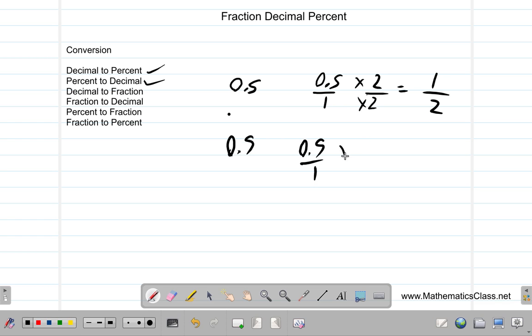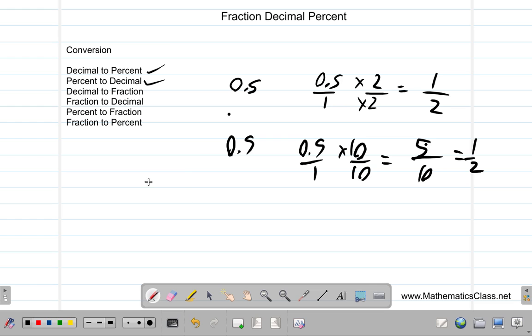If you multiply this by 10, you're going to get a whole number, 5. You must multiply the bottom by 10 too. So you have 0.5 by 10 up top, a 5 over 1 by 10, 10. 5 out of 10. When you cancel it down, you get the half. You see?